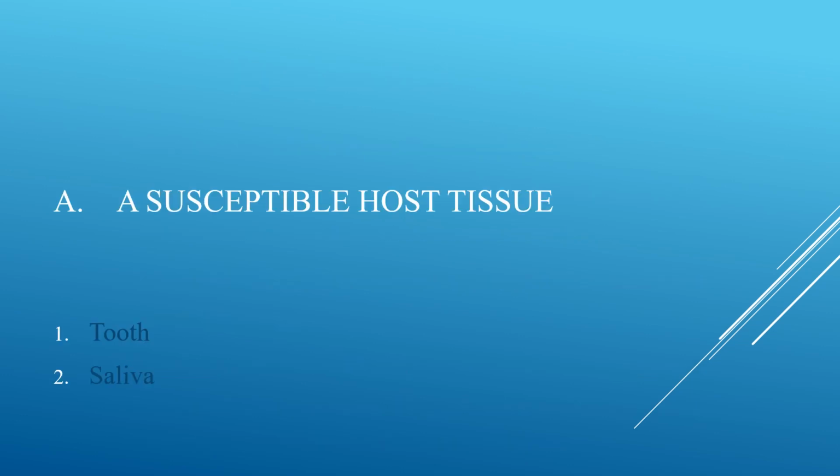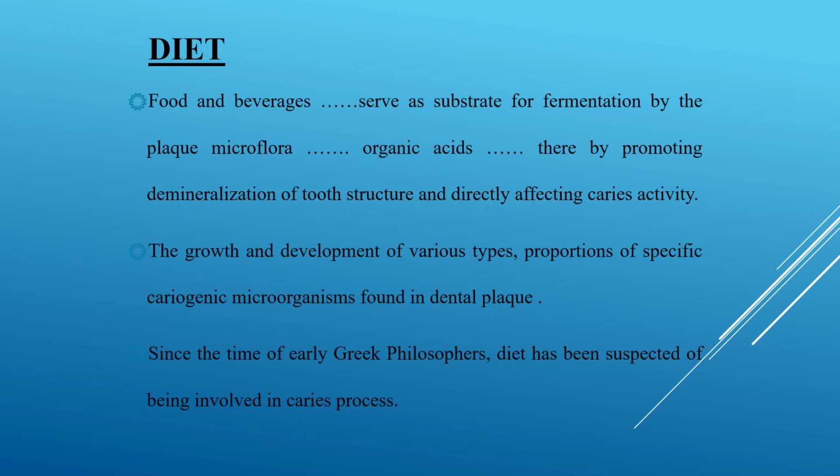Again, A is the susceptible host tissue, that is the tooth and the saliva found in our mouth. Diet is another factor. Food and beverages serve as substrate for fermentation by the plaque microflora. They produce organic acids, thereby promoting demineralization of tooth structure and directly affecting caries activity.